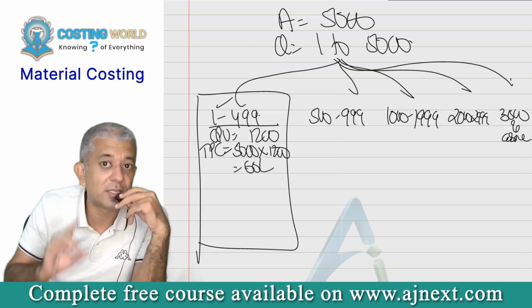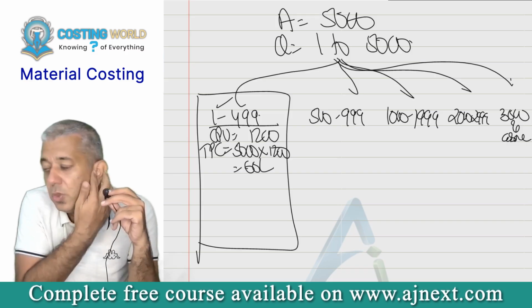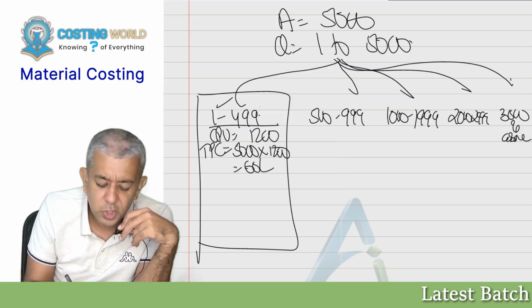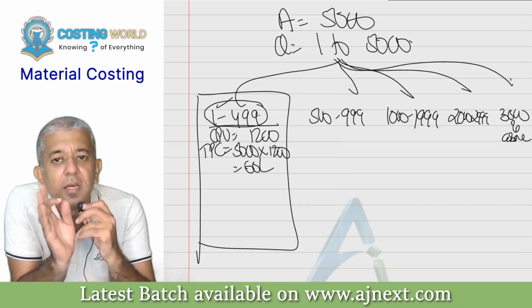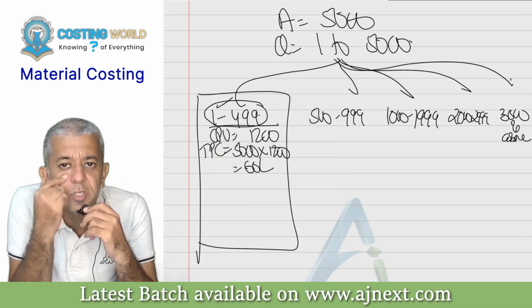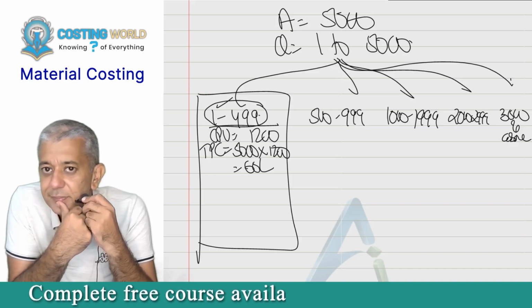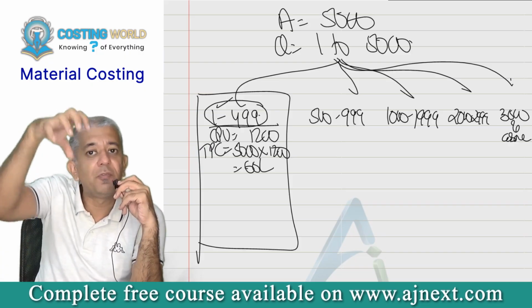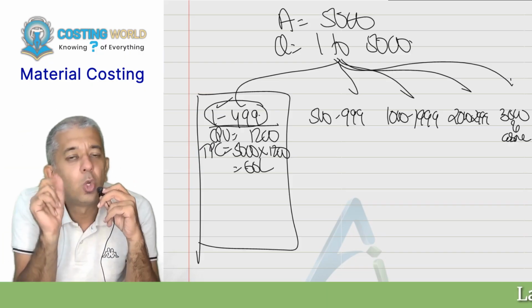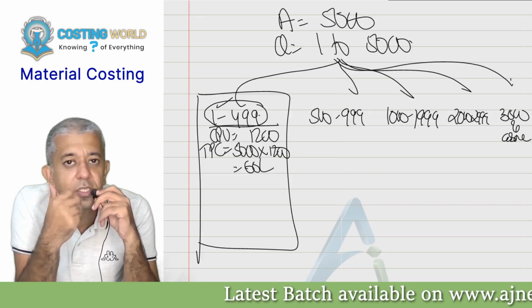Now listen to my next statement very clearly. No matter which option I select out of this, can we say my yearly purchase cost will be 60 lakh rupees only? I can't change it. So can we say now, if you are going to be remaining within this category, total purchase cost will remain constant.